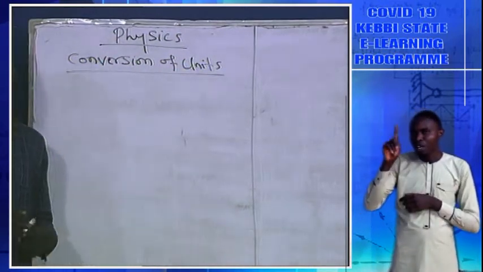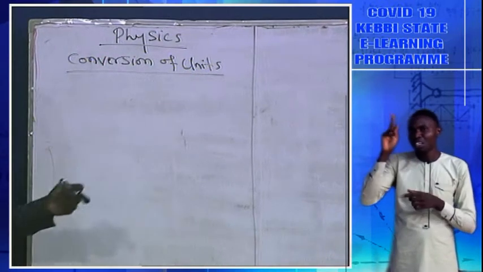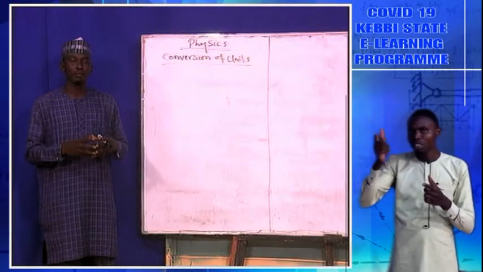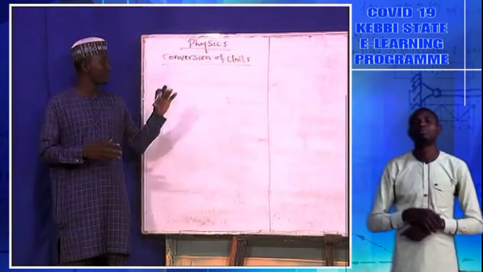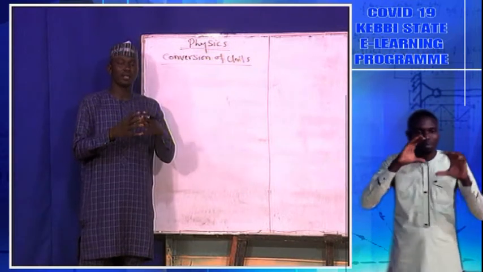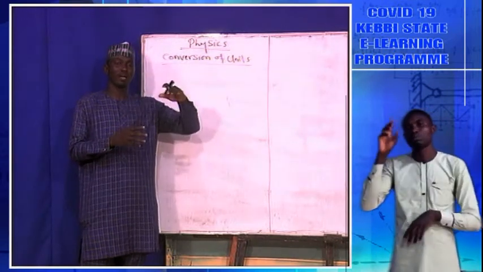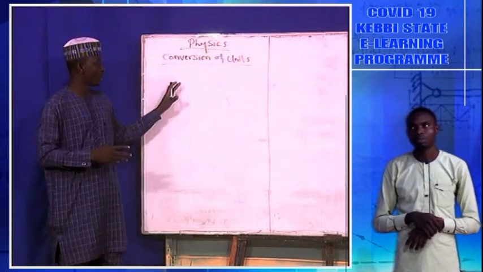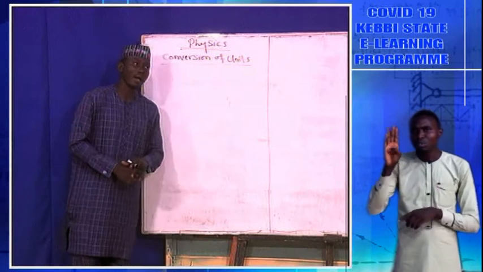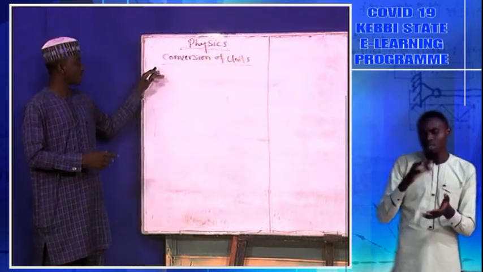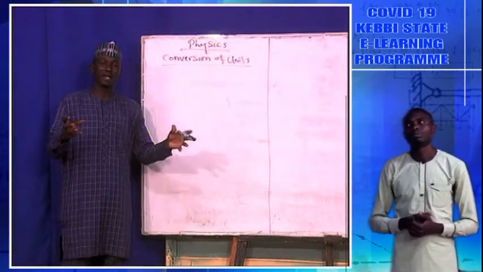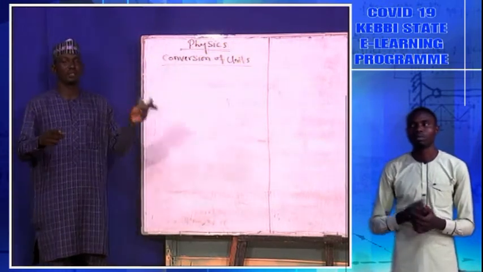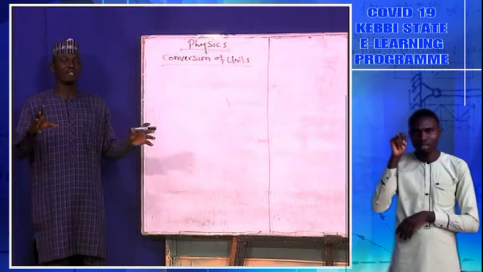Then after meter, we have the decameter, hectometer, kilometer, and others. As I told you last time, we are going to stop at kilometer, though we have different classes after it. We can use those classes to convert kilometer to meter, millimeter to meter, centimeter to meter, and any class to any class.